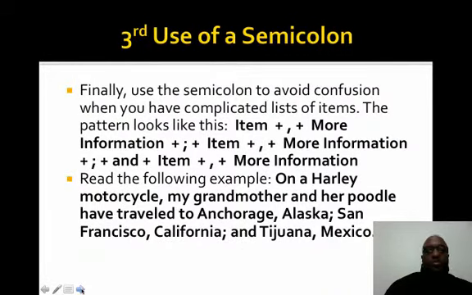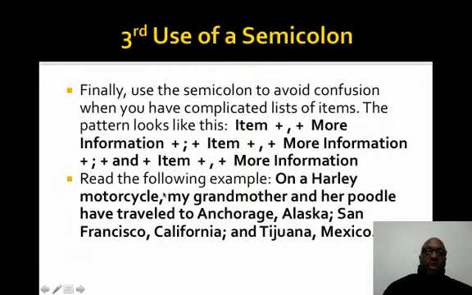All right, here's the third use. You want to use the semicolon to avoid confusion when you have complicated lists of items. The pattern looks like this: an item plus a comma plus more information plus a semicolon, then another item, comma, more information, semicolon, and another item, comma, more information. Now, I know this seems a bit complicated, but it's actually easy once we look at the example.